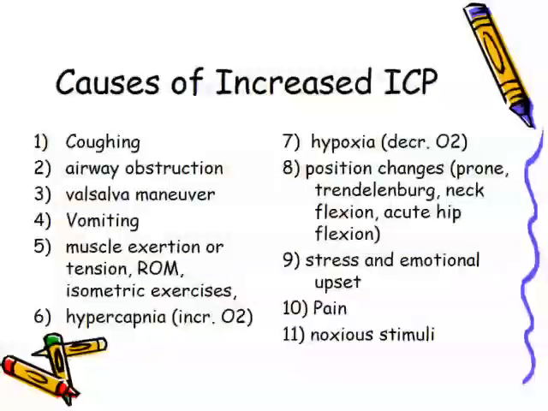And anytime the patient has muscular exertion, tension, range of motion exercises, those types of things, that increases ICP. We talked about earlier that high CO2 levels increase the ICP, and decreased oxygen levels increase ICP. Also, position changes can increase it, stress and emotional upset, pain, and any type of noxious stimuli. So just to give some examples of increased ICP.